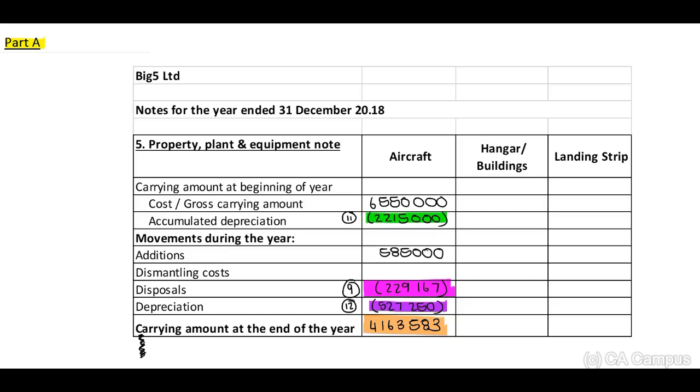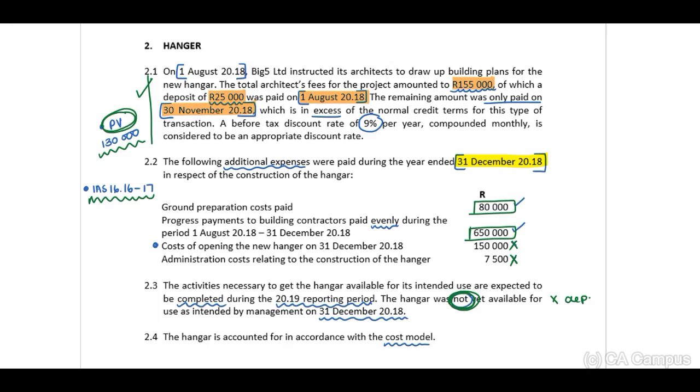Calculation 13. 881,172. Refer back to our given information and we are able to tick off 2.2, 2.3, no depreciation, and 2.4 cost model.